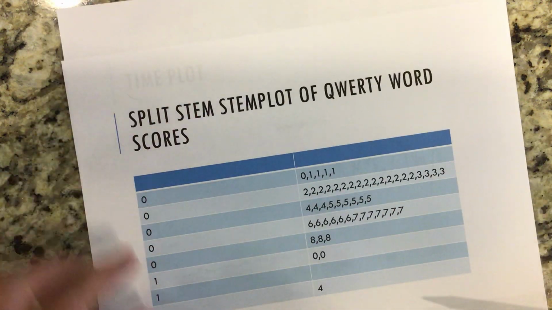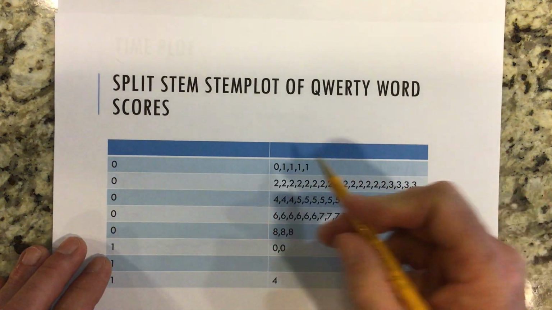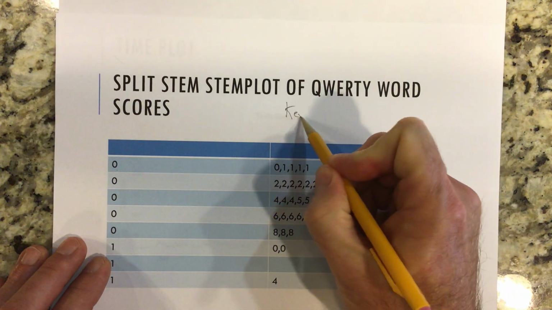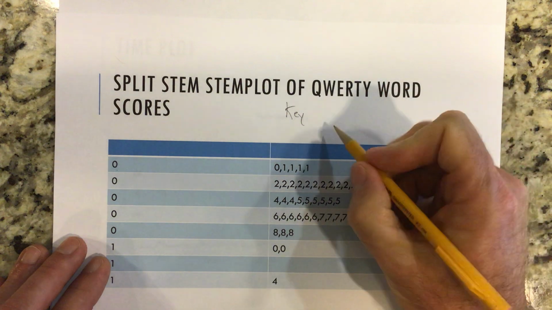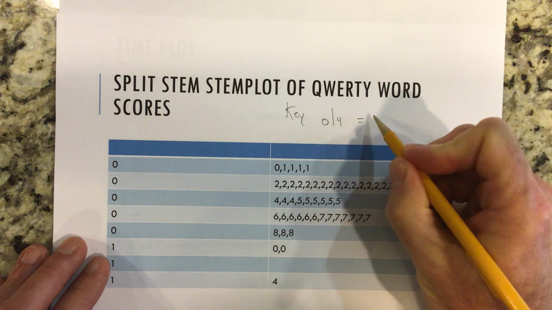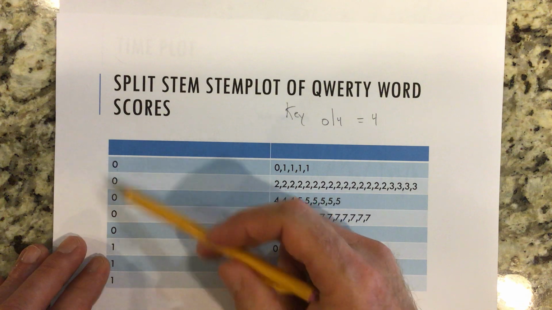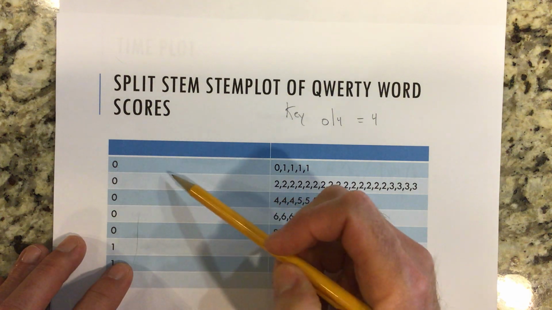So it's pretty nice. And the way you read it, by the way, I should have a key. Make sure you always have a key. I would say that 0-4 equals the number 4. Okay. So when you make a stem plot, the stem could be any number of digits.